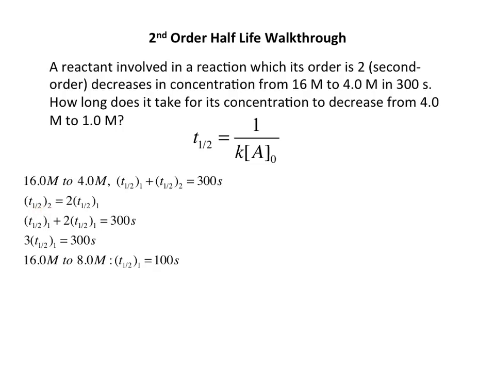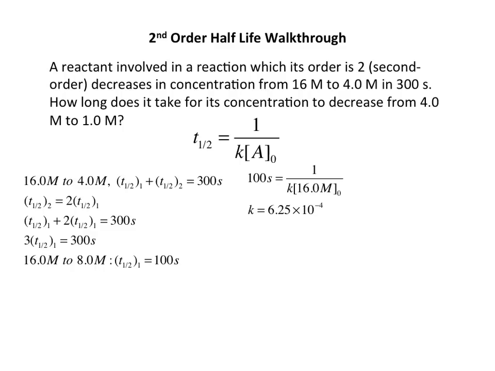So our second half-life is going to equal 2 times our first half-life. So if we substitute 2 times t1/2 of 1 into this equation, we get that our first half-life plus 2 times the first half-life will equal 300 seconds. So 3 times the first half-life equals 300 seconds. So our first half-life, going from 16 molar to 8 molar, is going to equal 100 seconds.